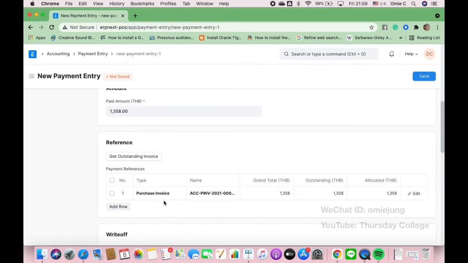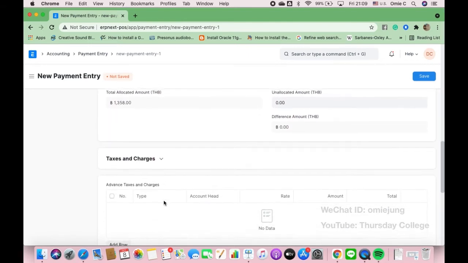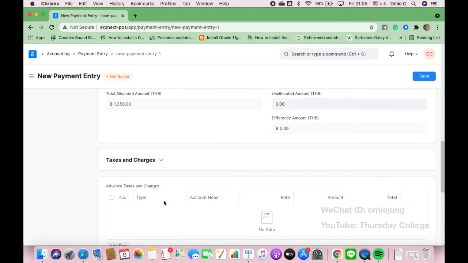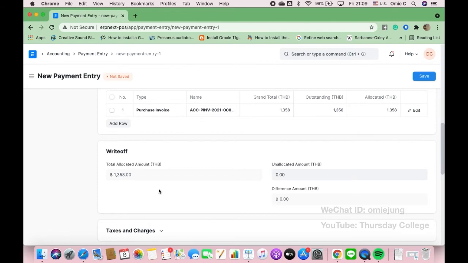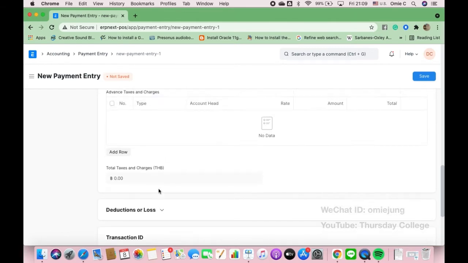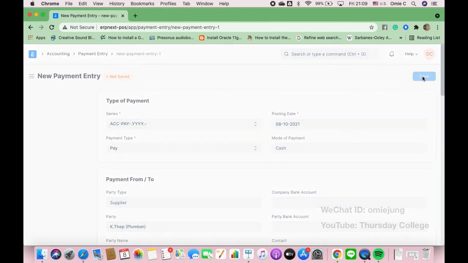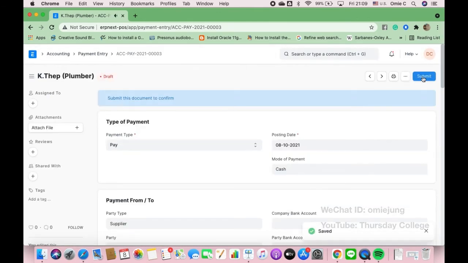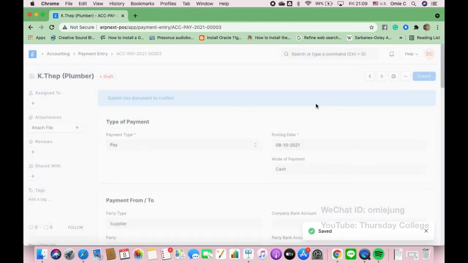Here we just pay, and then record to the purchase invoice. We didn't need to do anything because we did it in the purchase invoice already. So for the payment we didn't have any additional tax. Okay, so we just save, and then we submit. So we pay the money to him.